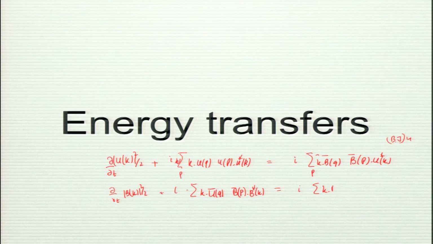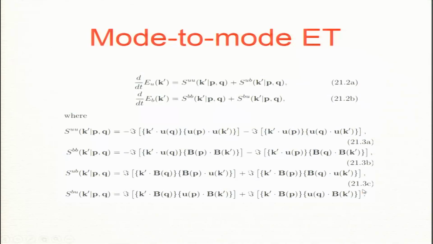So k dot b, b of q, u of p. The difference here is who is the mediator, u of p dot b star of k, just straightforward. This is what I wrote in the next slide.